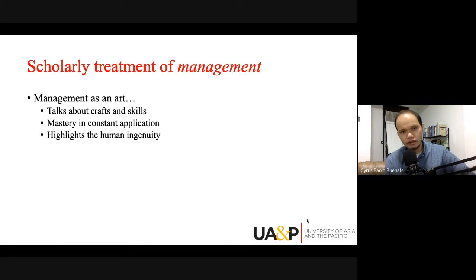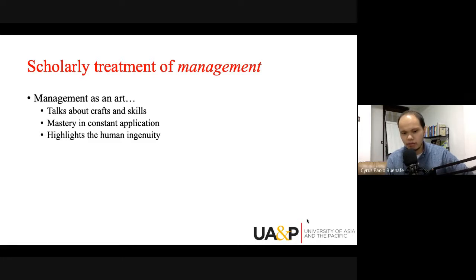Okay, the practices, the skills, crafts, but it is only in the application where you get value from those crafts and skills. And oftentimes, people will understand, okay, certain things are done in certain ways. If other people would do it, then they would probably get the same thing. But sometimes that's not usually the case.